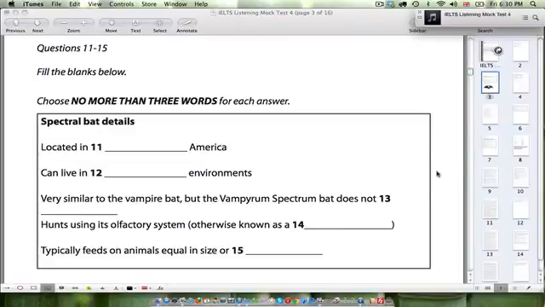The spectral bat is commonly confused with a vampire bat. Although the two species resemble each other physically, they have several other differences. The most prominent being that the spectral bat does not drink the blood of its prey. Spectral bats are patient hunters and use their highly developed olfactory system, otherwise known as a sense of smell, to pinpoint precisely where their prey are located on the forest floor in the dead of night.